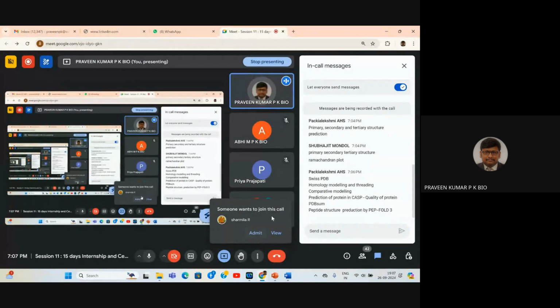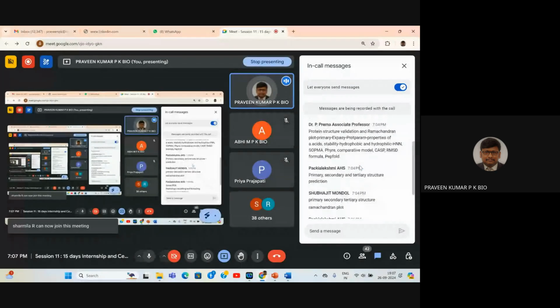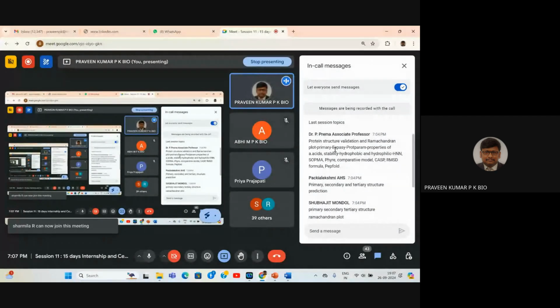The next thing we discussed is how to go for primary structure prediction, that is, how to predict physical chemical properties of a protein. We have seen ProtParam, one of the tools from the ExPASy web server.